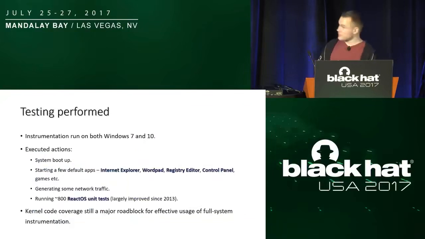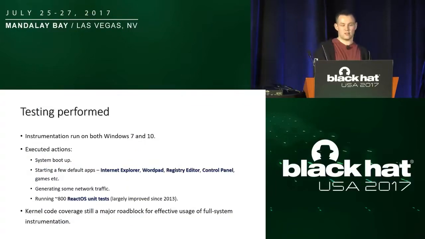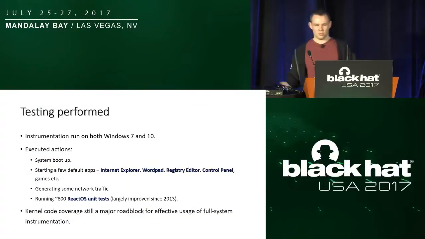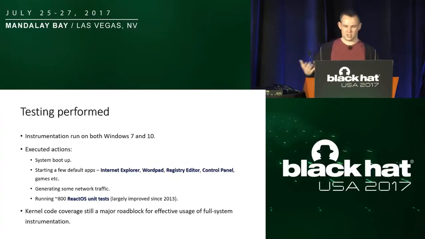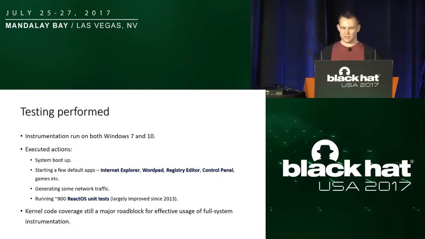Yeah. When it comes to the testing that I performed in order to get some reasonable code coverage, first of all, I ran the instrumentation against Windows 7 and Windows 10 in order to get both the old code that could have been removed in Windows 10 and also the new code that was added in that system. And within those guests, what I did is that I, of course, booted up the system, started a few default applications such as Internet Explorer, WordPad, stuff like that.